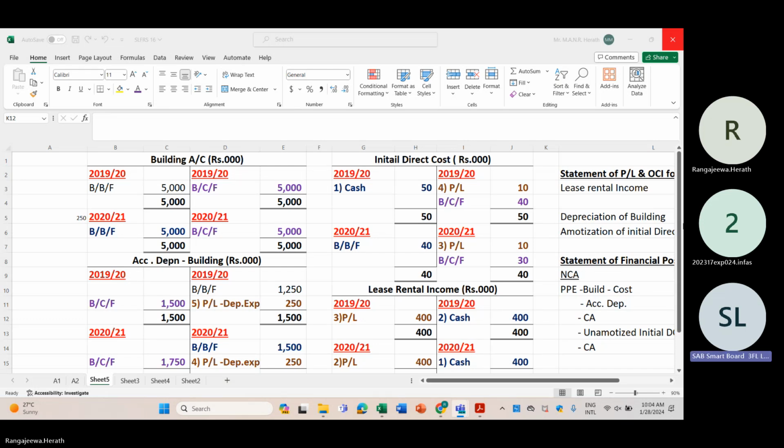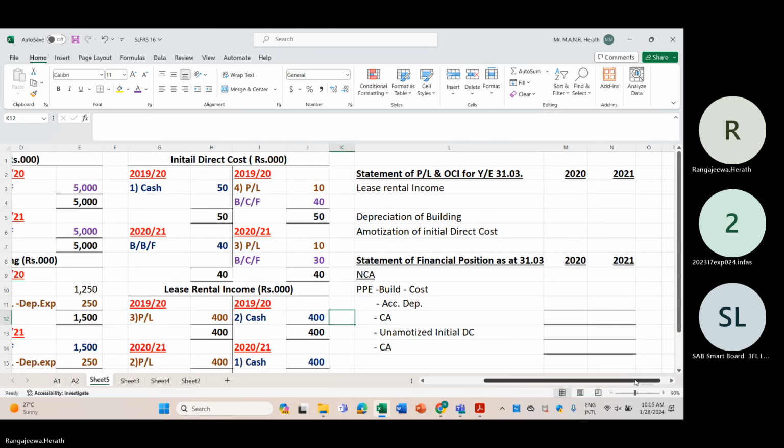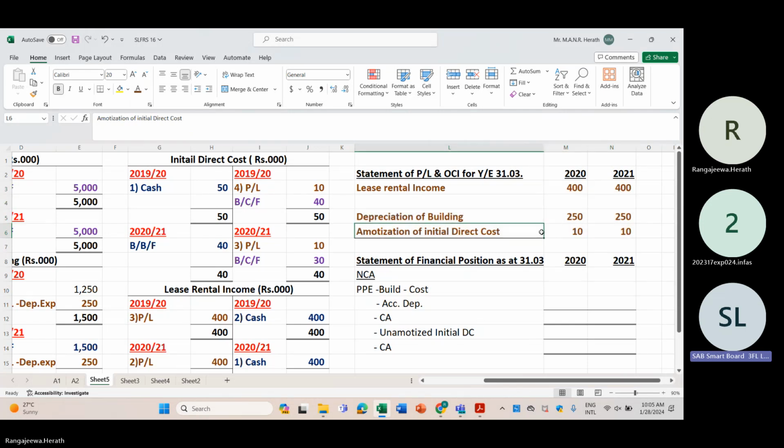Right? Now we can show the financial statement extracts. Capital lease rental income, depreciation, amortization of initial direct cost. That goes equally across the years. Rental income of 400 came, depreciation 250, amortization 10.